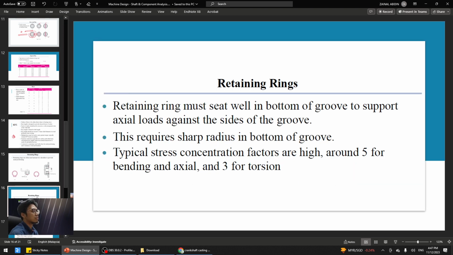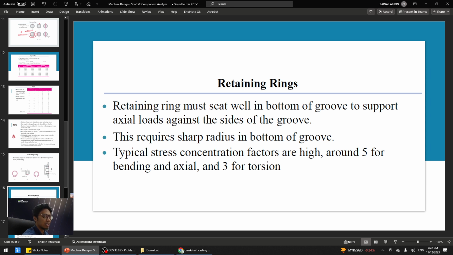Now retaining ring must sit well in the bottom of groove to support axial load against the side of the groove. Okay, this requires shaft radius in the bottom of the groove.